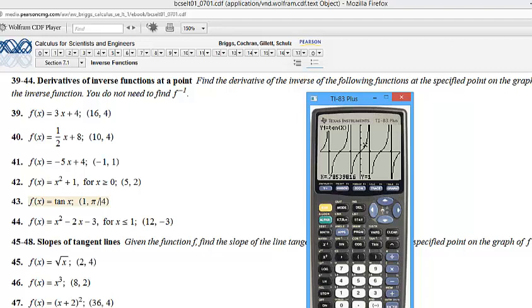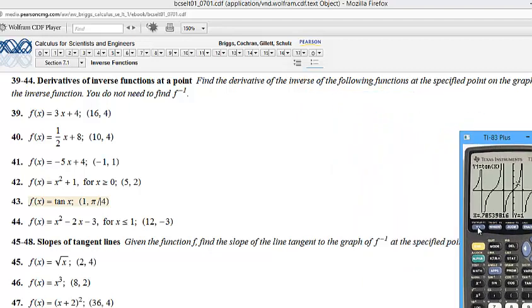And it's kind of going to look like the tangent function, except that you reflect along which line? The 45-degree line, that's right. Y equals x, because you're switching input and output. So take this curve, flip it over that line, and what does it look like? Well, let me show you.